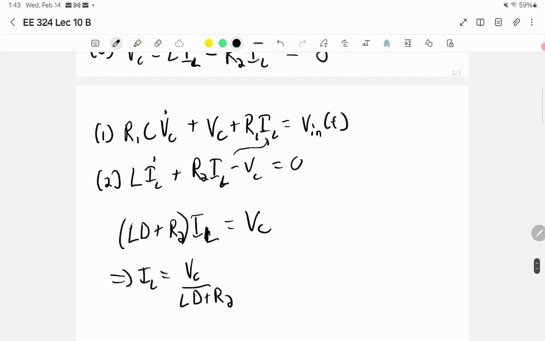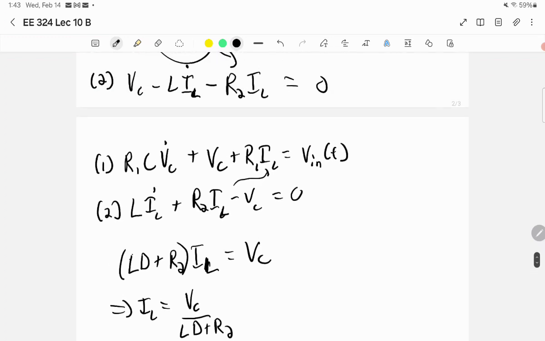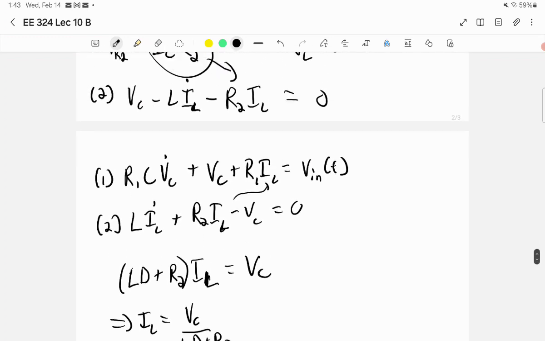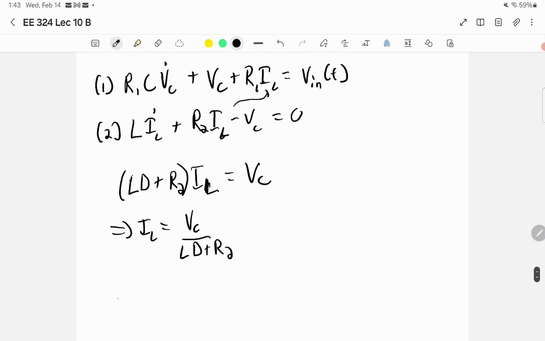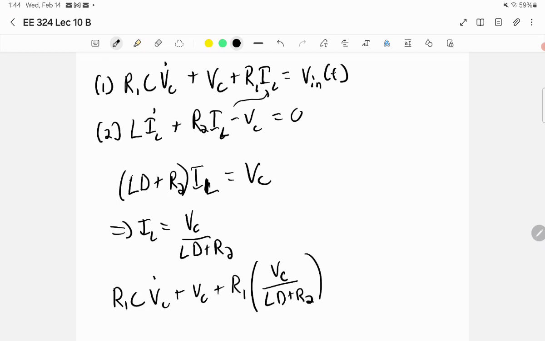And doing that, I can substitute that into equation 1. So now I'm going to get R1 C Vc dot plus Vc plus R1 times this whole thing, Vc over LD plus R2, and that's going to be equal to Vn.